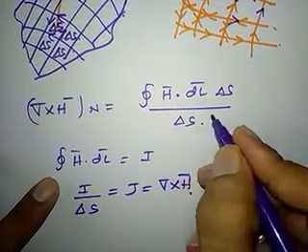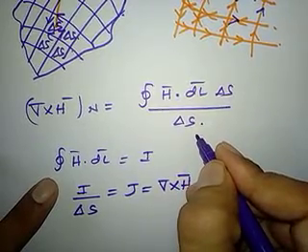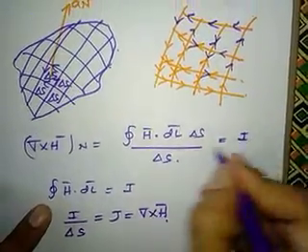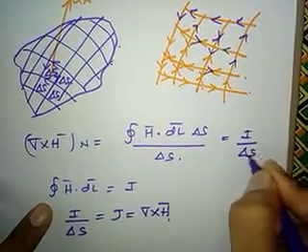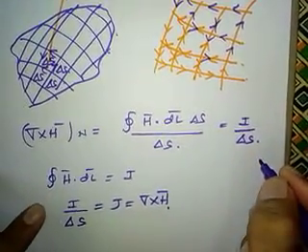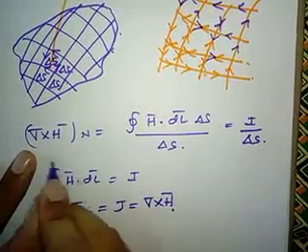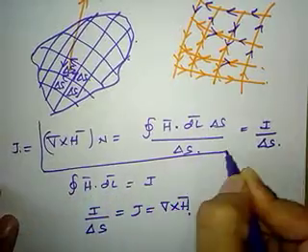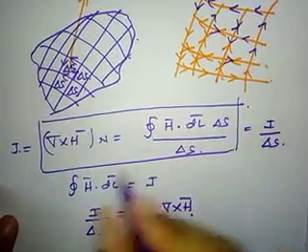The numerator is I and the denominator is delta s. So what is I by delta s? It is del cross h, which is nothing but J. Like this we have got this equation.